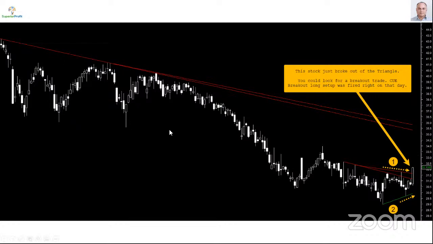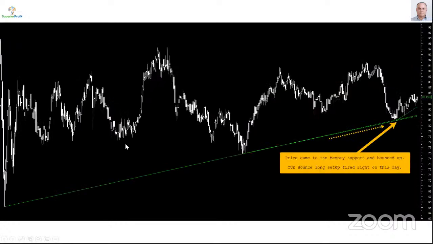Let's see some more charts with trend lines. I mentioned long-term trend lines. If you didn't have the memory trend lines, you might not know exactly why price is stopping at a particular level, like this level.